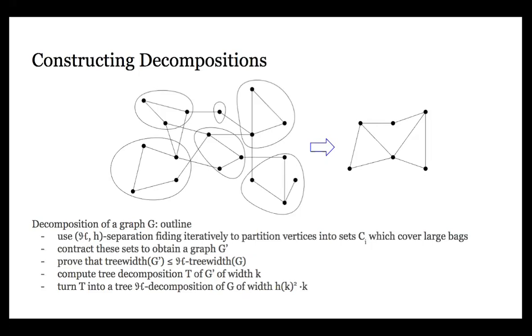And a similar procedure can also be done for computing an h elimination forest. The main message of the slide is that when we can solve h-separation finding approximately, then we can find a 3H decomposition of approximate width.